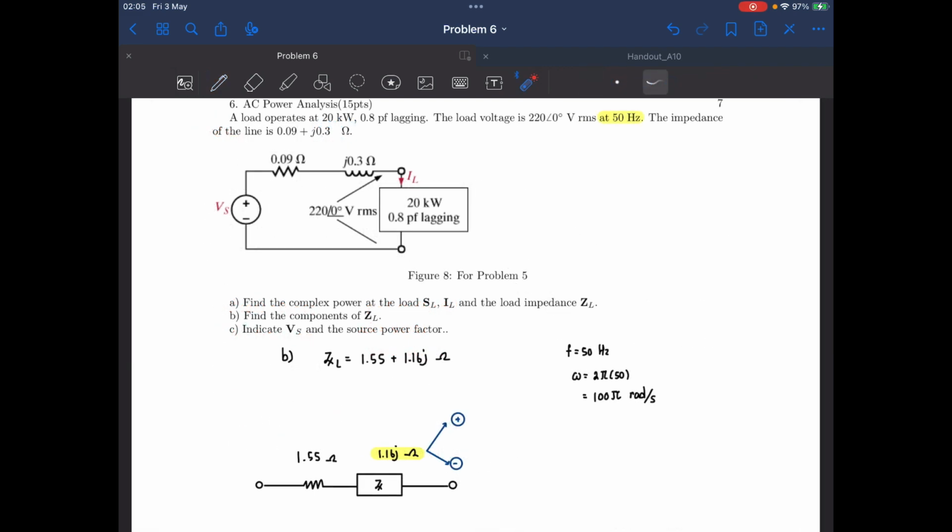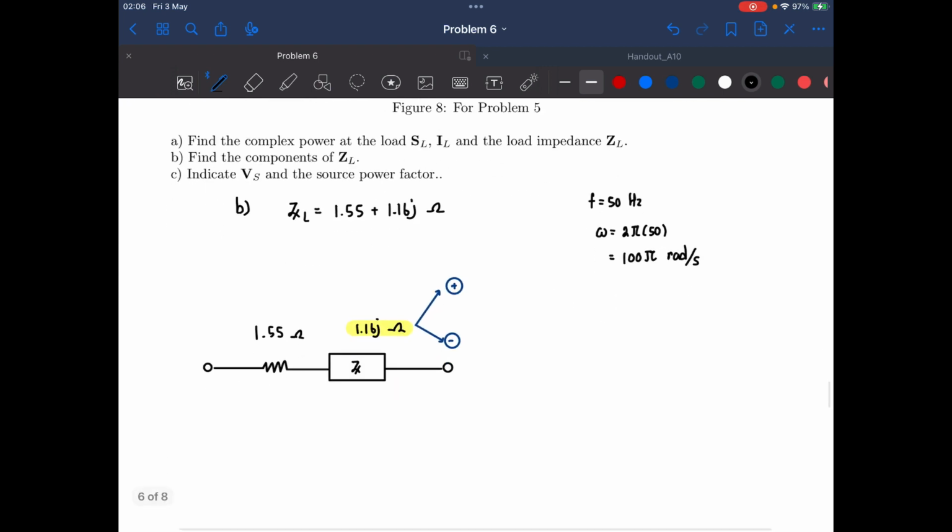From the previous question, we have calculated the ZL of the load here. So now we want to know what is inside the load. So we've got this form of the impedance of the load. We know that it has a real part, which is the resistor, and the imaginary part, which we don't know what it is, but we can know exactly what it is by the sign of the impedance.